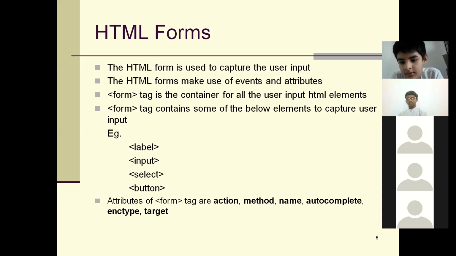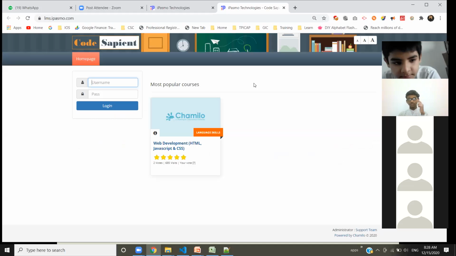It provides lots and lots of options, the HTML forms. Let's see what those are. The HTML forms make use of events and attributes. When I talk about events, let's get back to this screen. What is this? Can anybody say what this is?